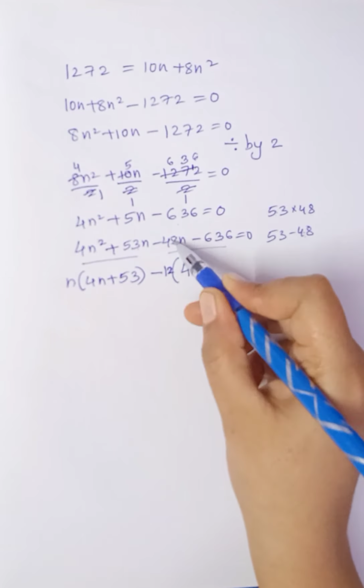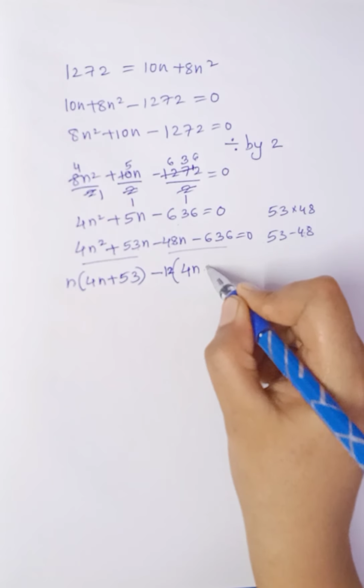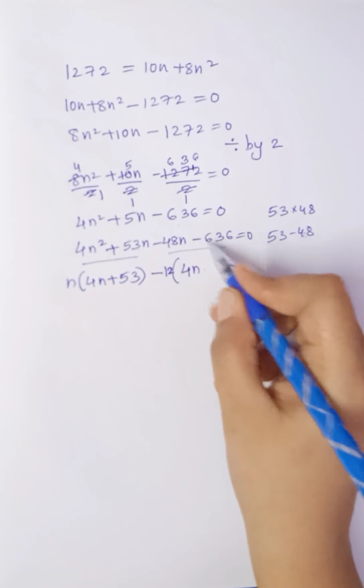If you take negative here, then this negative will become positive. But here it is a negative number, so I am going to take plus here. Why? Because this negative will get multiplied to positive and it will become negative. Now 12 4s is 48n, plus 12 53s is 636, which is equal to 0.